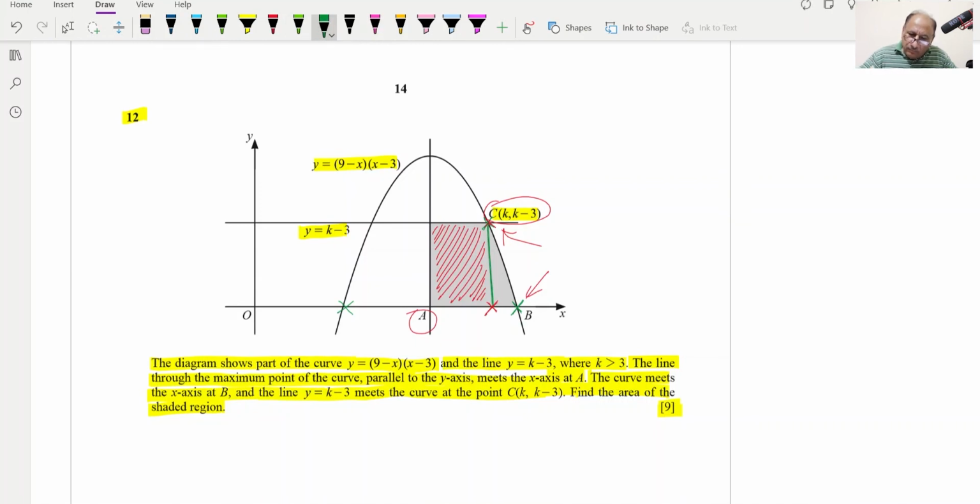So this area we can find, and then at the end we will just add these two areas and we will get the answer.